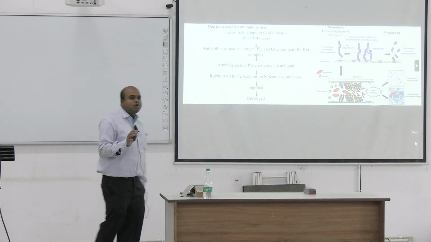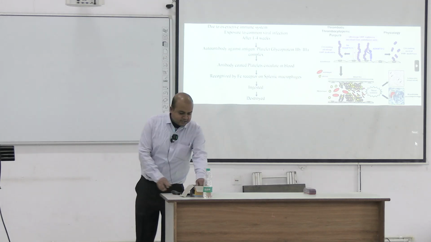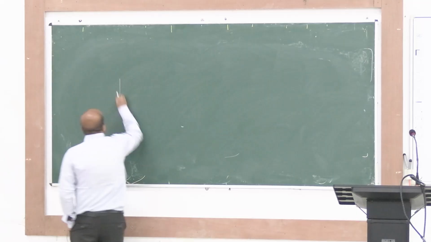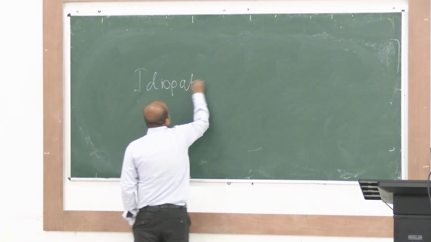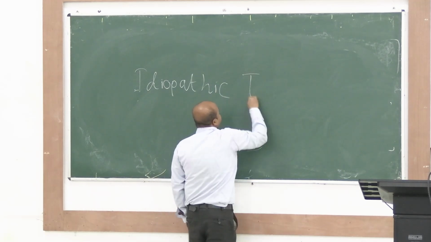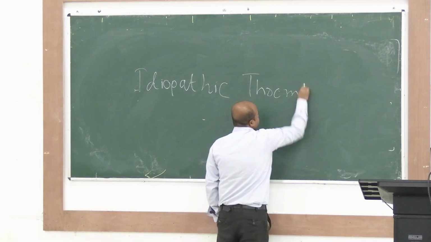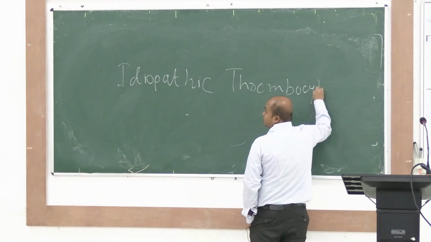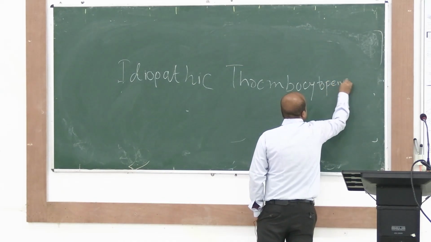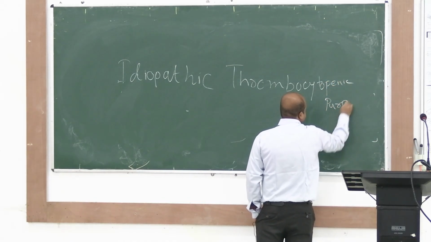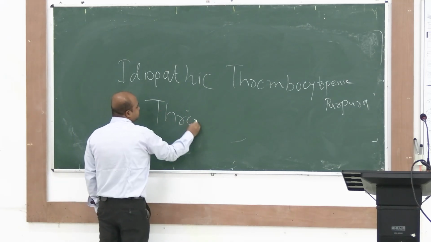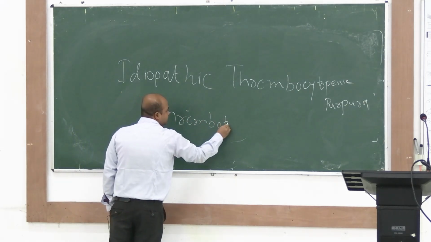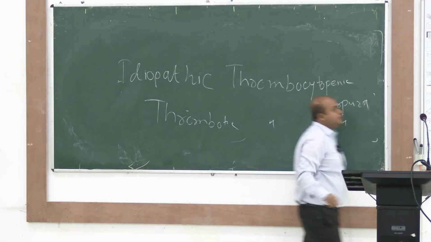Two types which are very commonly mentioned in purpura are ITP, idiopathic or immune thrombocytopenic purpura, and TTP, thrombotic thrombocytopenic purpura.